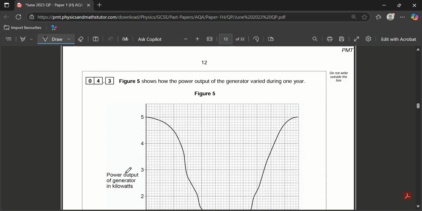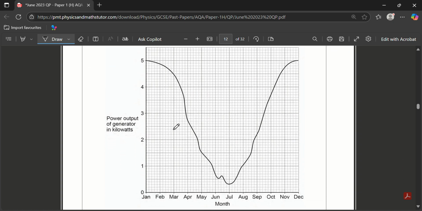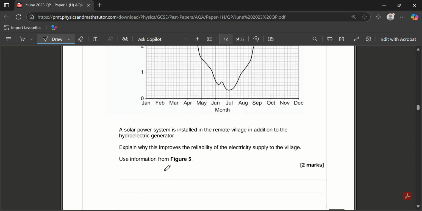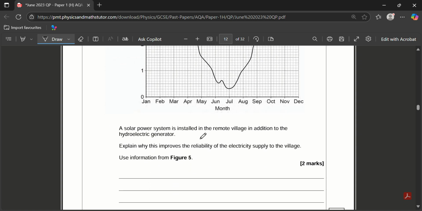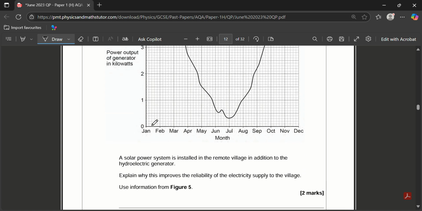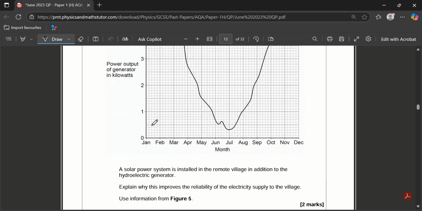Okay, we have a graph that shows the power output of the generator varying during 1 year. Power output against the month. Solar power system is installed. Cool. Explain why this improves the reliability of the electrical supply to the village. Okay, improving reliability.